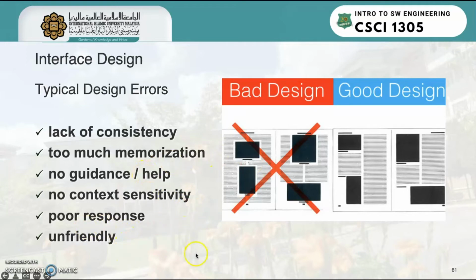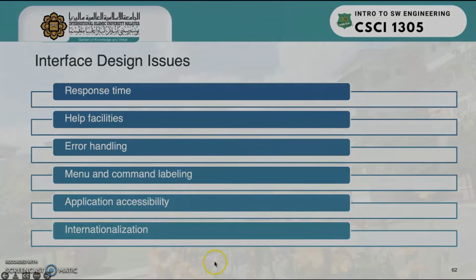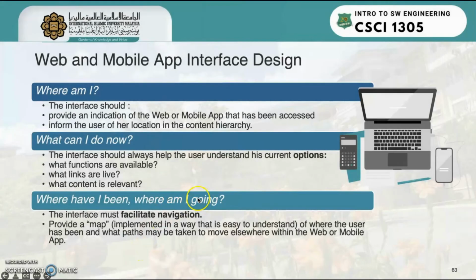So these are some of the typical design errors. Okay. And other design issues are related to response time, the help function, error handling, labeling in terms of your navigation, accessibility, and also in terms of internationalization.